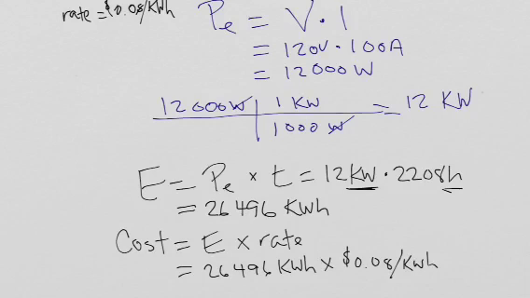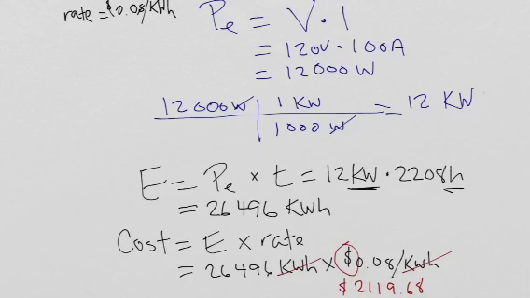The kilowatt hours cancel out, and I'm left with dollar signs, which is what cost is represented in. If we multiply this out, we end up with $2,119.68. That's how much it would cost us to run that air conditioner 24 hours a day for the months of June, July, and August.